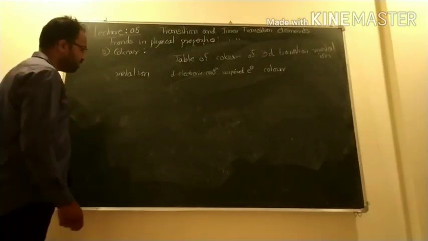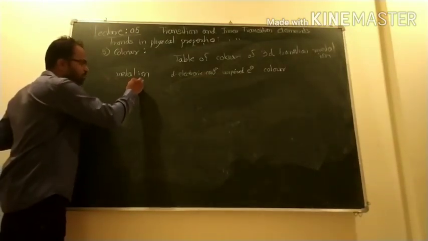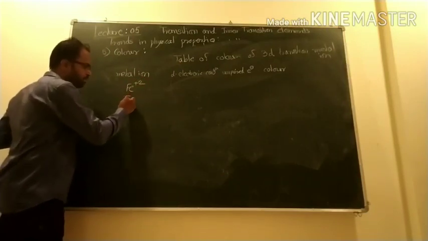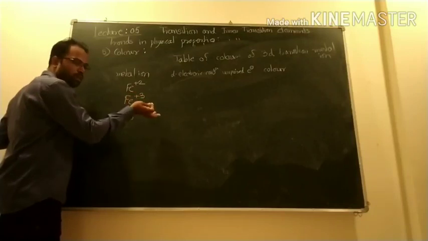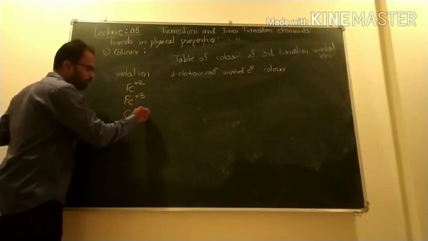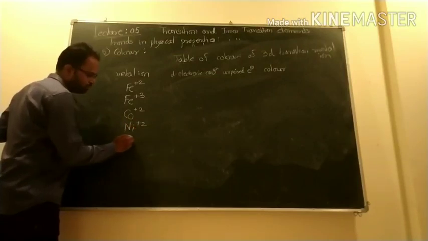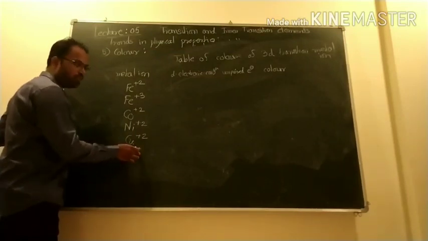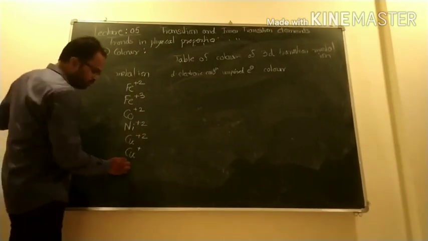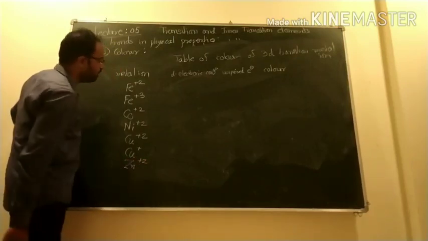So we see the second set: Fe +2, Fe +3, and then extra ions Co +2, Ni +2, Cu +2, Cu +1, and the last is Zn +2.